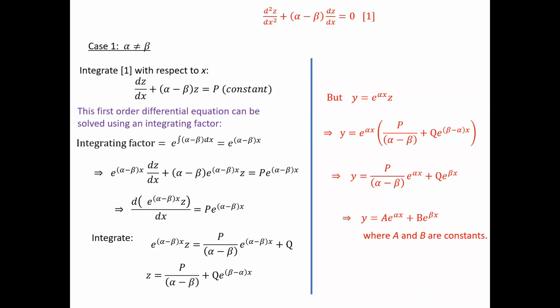So what we can say now is that y must be of the form a times e^(alpha x), where a is a constant, plus b e^(beta x), where b is also a constant. So we've dealt with our first case where the two roots are different.